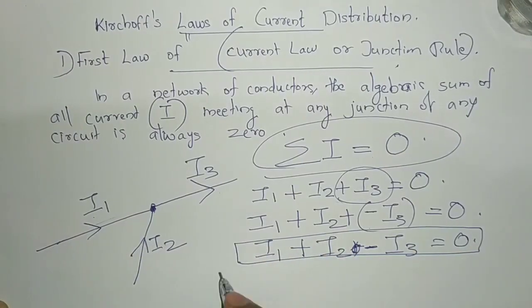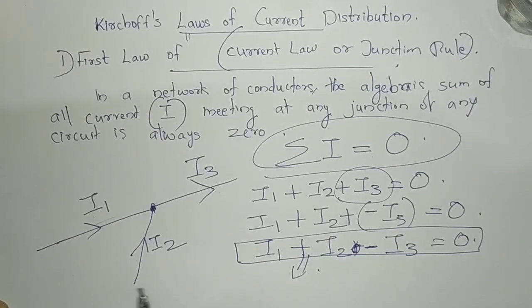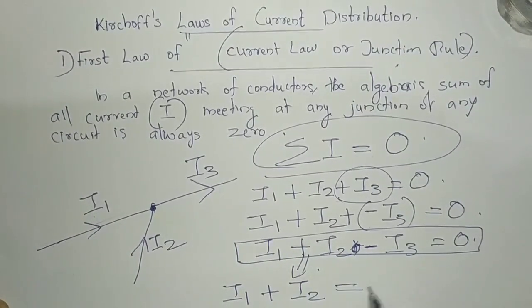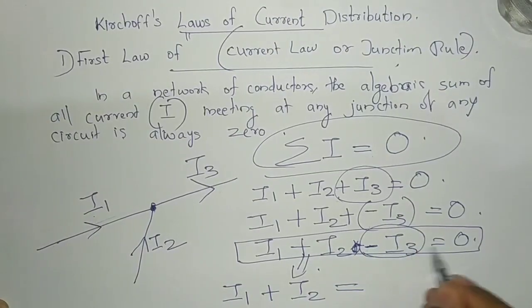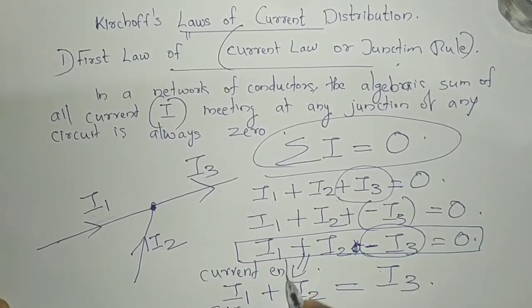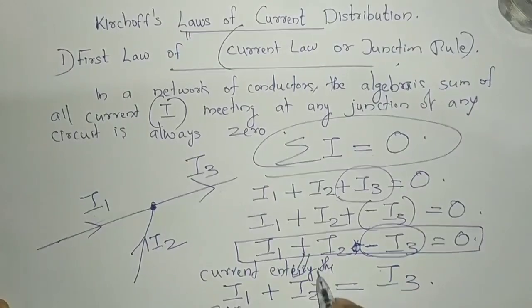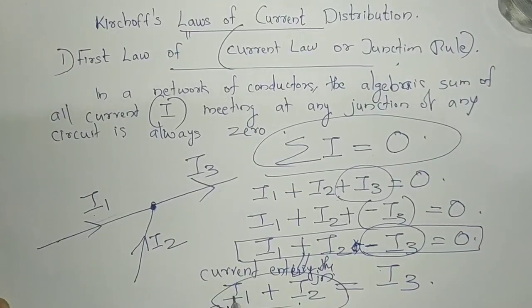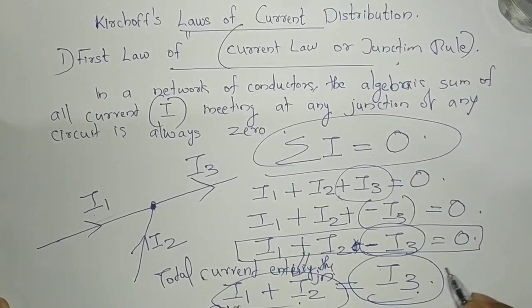From this equation itself, you can rewrite another equation: I1 plus I2 will be equal to I3, since the minus I3 goes to the right-hand side and turns to plus I3. So the current entering the junction, I1 plus I2, the total current entering the junction, will be equal to the I3 value.